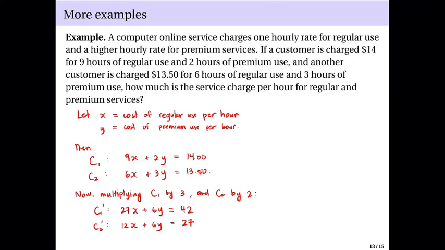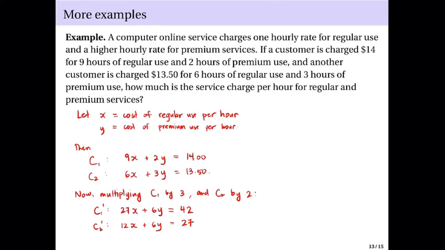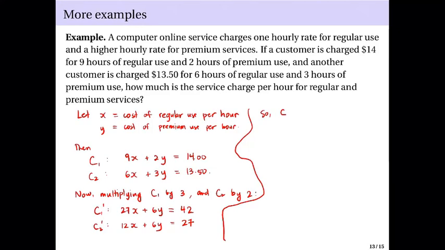Notice that the variable y has the same coefficient in both, and they are both positive. So we can just subtract C1 prime minus C2 prime, and we will be able to eliminate the variable y.